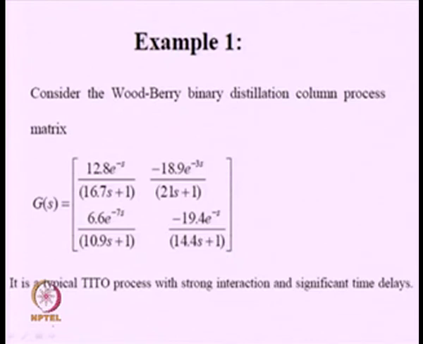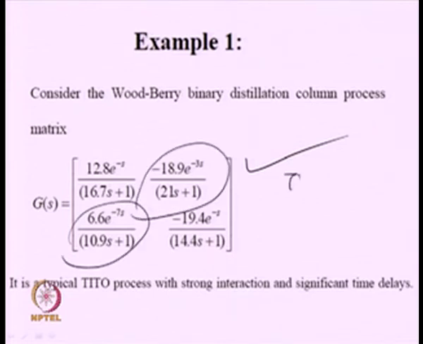Now, I will go to one example. Consider this example, which has a TITO transfer function matrix of this form. These two show that the TITO system has enough loop interactions. So, the TITO system is subjected to significant or strong interaction between the loops.